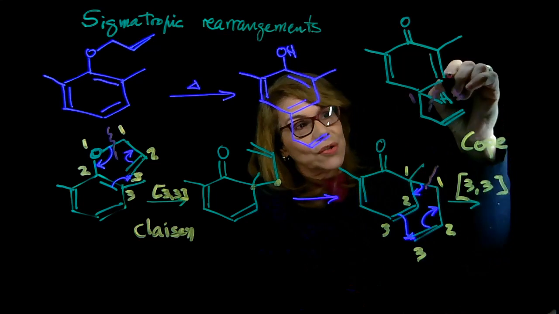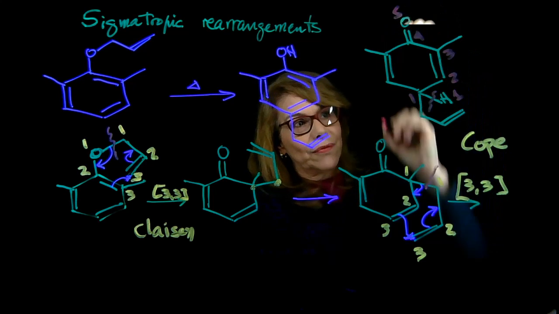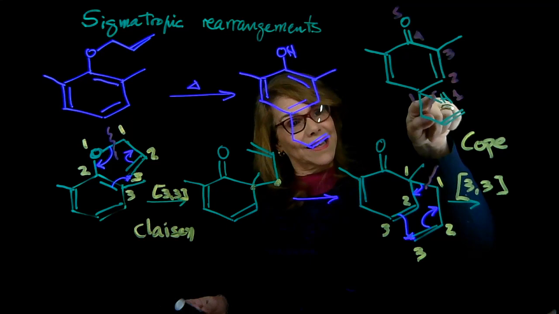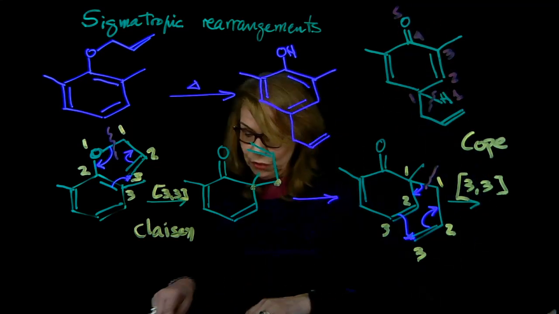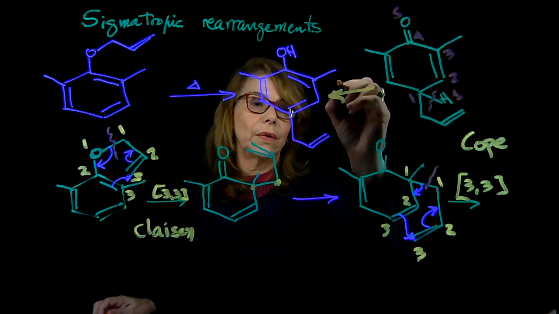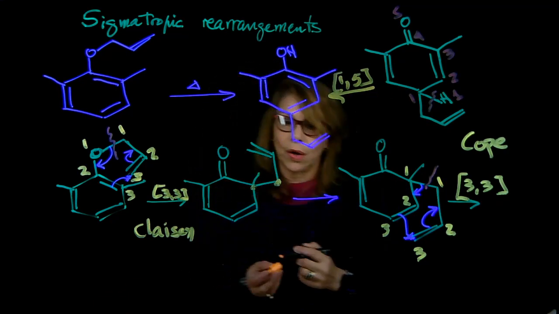And let's see, 2, 3, 4, and 5. So if I do that rearrangement with, say, that migration 1,5, I will get the final product. So from here to here, that's a 1,5 sigmatropic rearrangement.